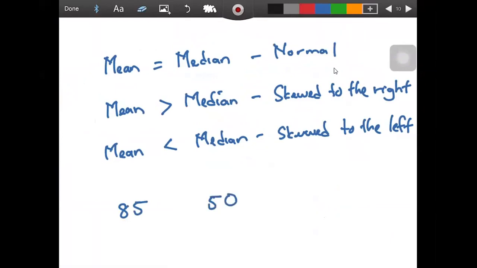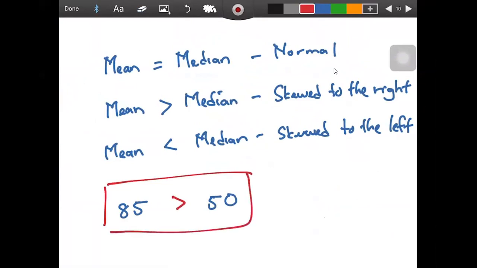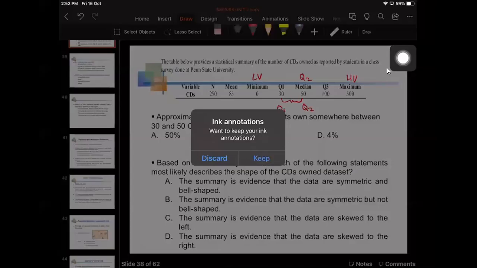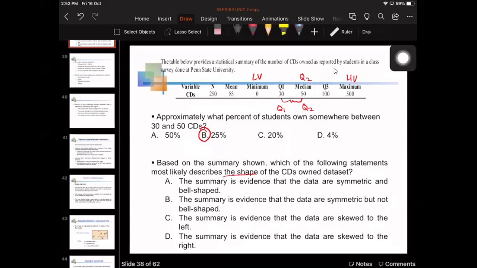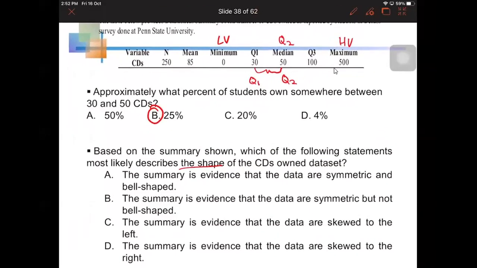So mean is more than median, so it's skewed to the right. So the answer will be D.